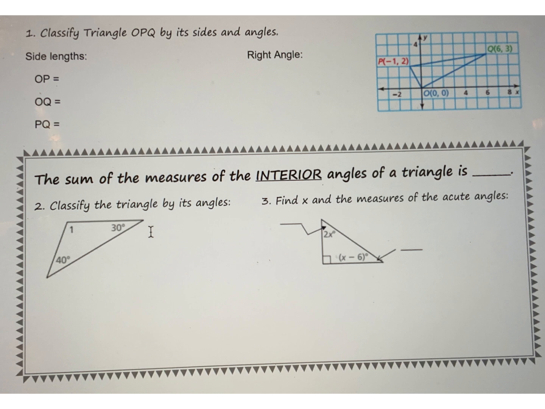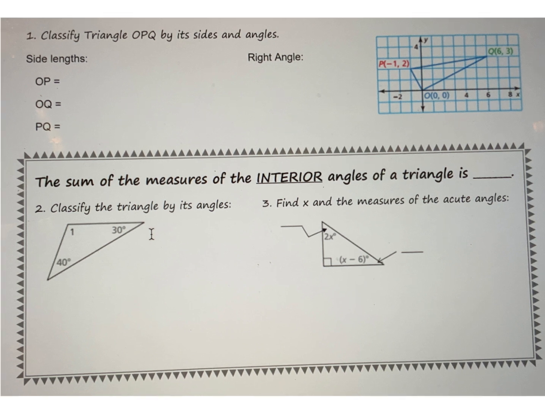To find the side, you need to do the distance formula: the square root of x2 minus x1 squared plus y2 minus y1 squared. So we're going to substitute in and get our answer.